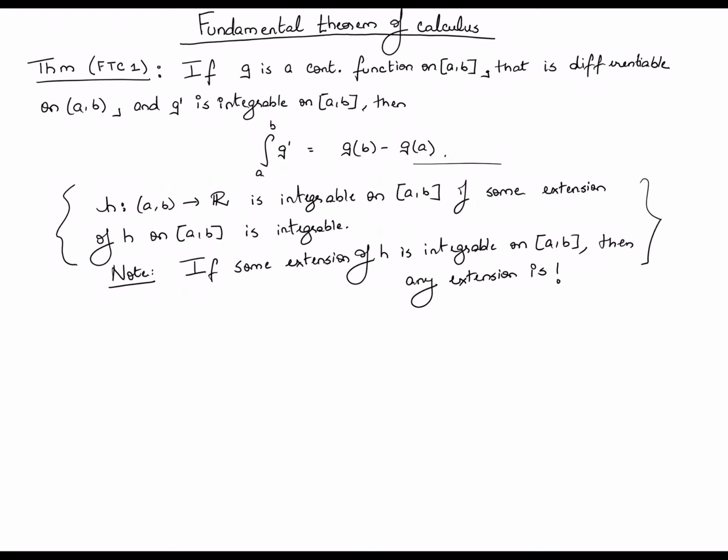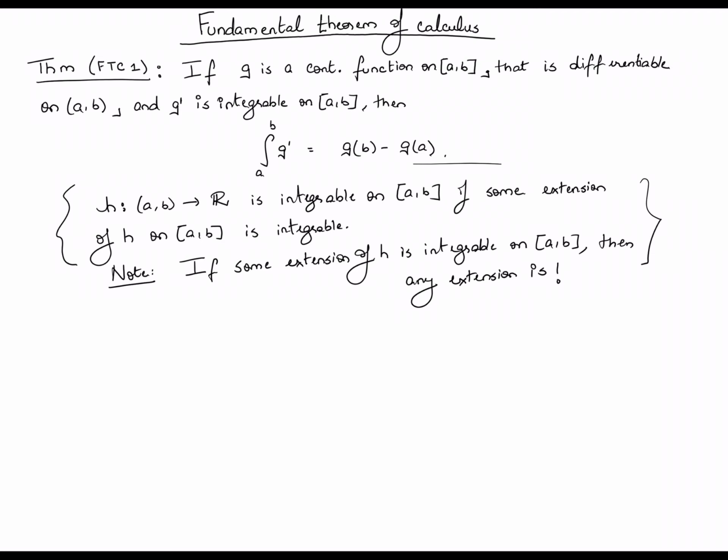Why? Because if you have an extension of h which is integrable on the closed interval [a, b], then any other extension can differ from this integrable function at most at the endpoints a and b. So which means if you can find one extension that's integrable, then it turns out that any extension is integrable, and so on.